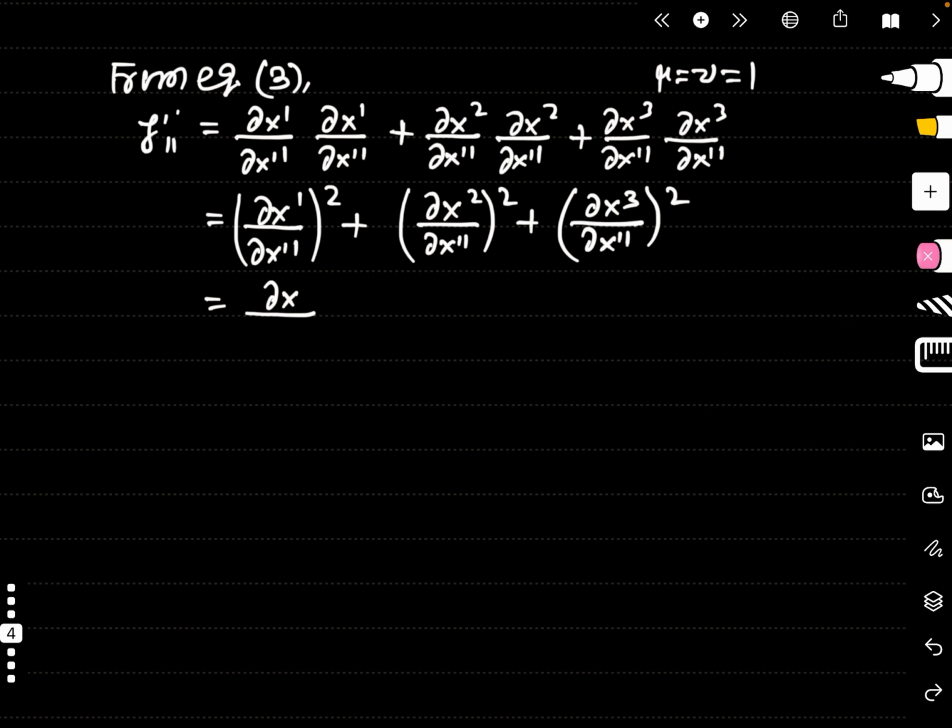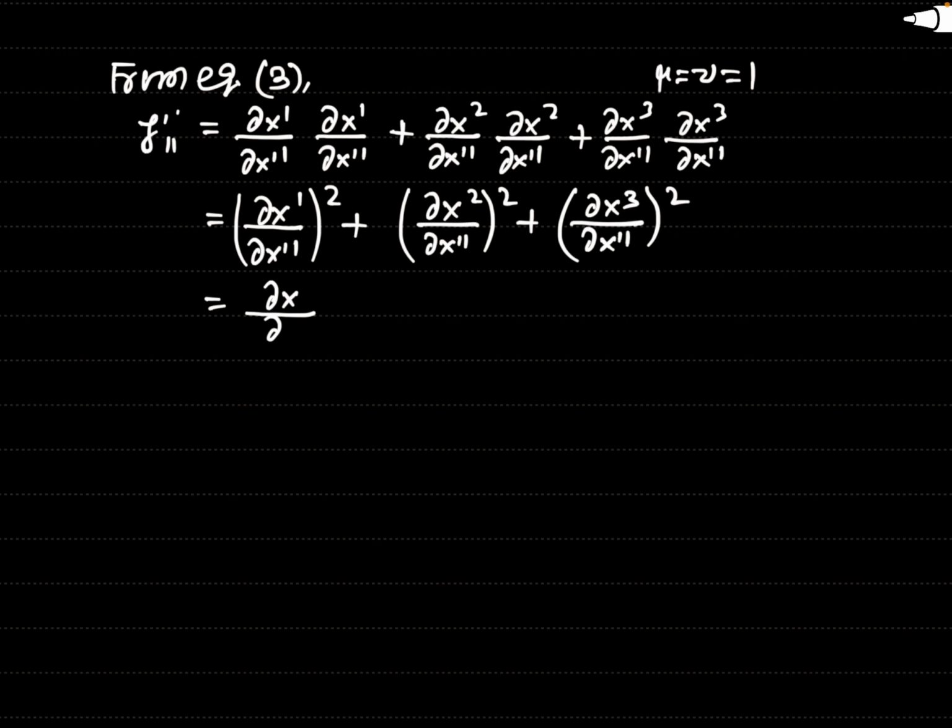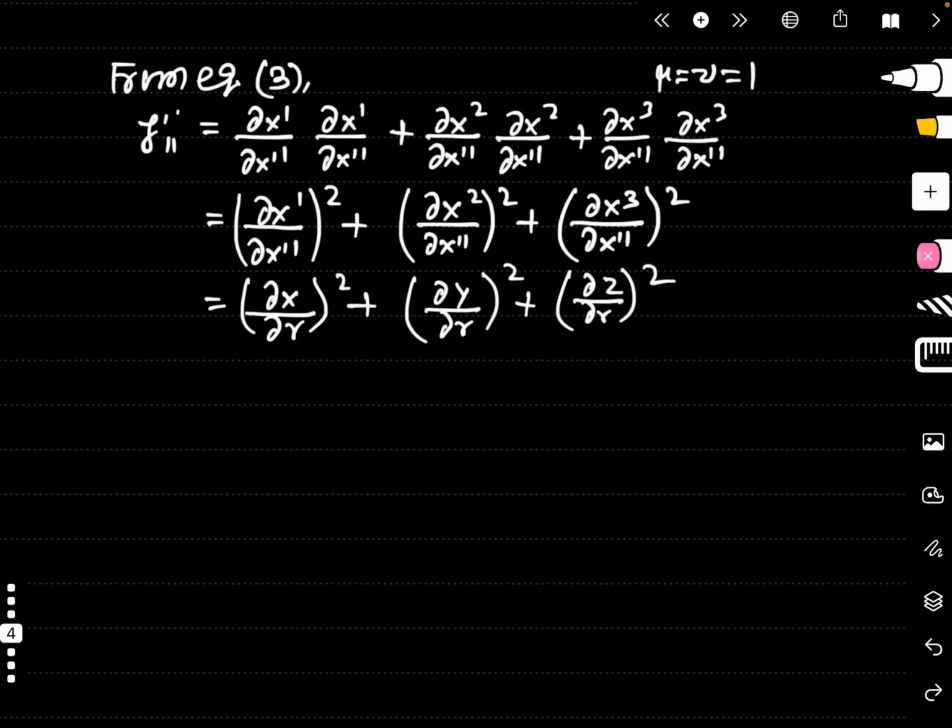So this will be del x by del r square, plus, you also know x2 means y, so this will be del y by del r, because x prime 1 is r, so this is del y by del r square. Similarly, the third term will be del z by del r square. Now, see this transformation equation.